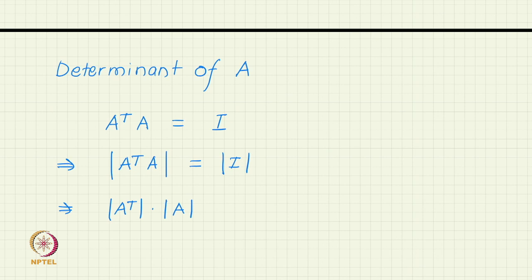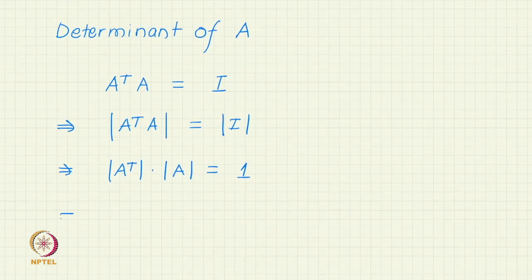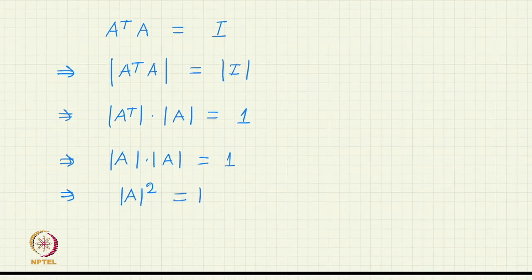So the left-hand side I can write as a product of two determinants, and the determinant of the identity matrix is 1, and the determinant of the transpose is the same as the determinant of the matrix. So I can write this as determinant of A squared is equal to 1. So finally, we can conclude that the determinant of A is either plus or minus 1.